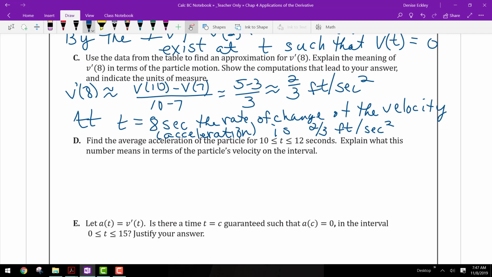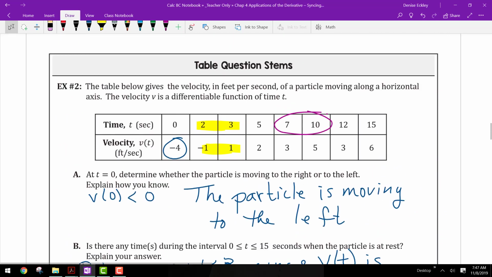Okay, part D. Find the average acceleration of the particle in 10 to 12 seconds. Explain what this means in terms of the particle's velocity in the interval. So it's going to be the same idea. V prime of 8 is the same as the acceleration. So we're going to find the average acceleration, and this time we want not this range, but we're going to use this range here. So we're going to use these values.